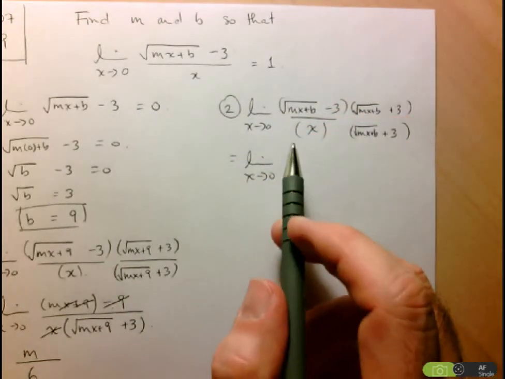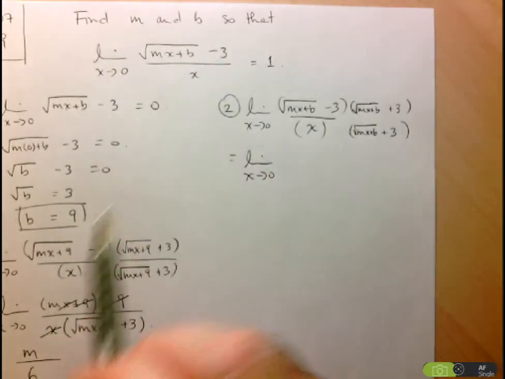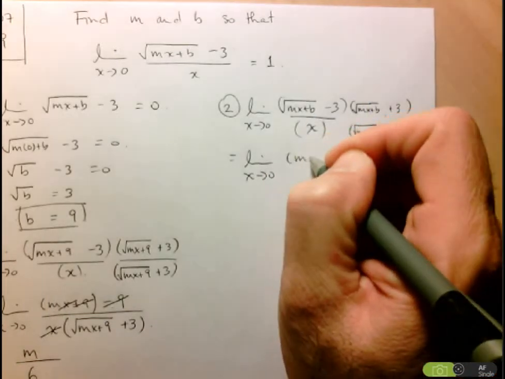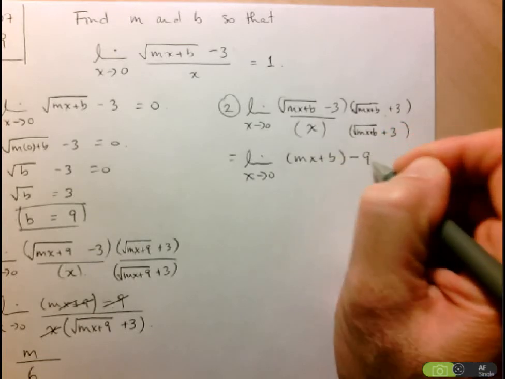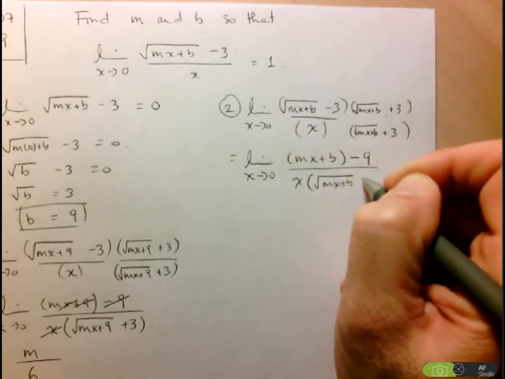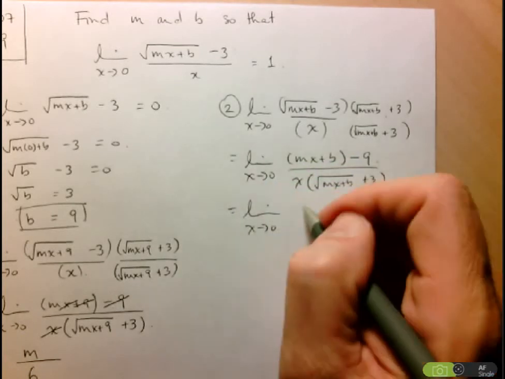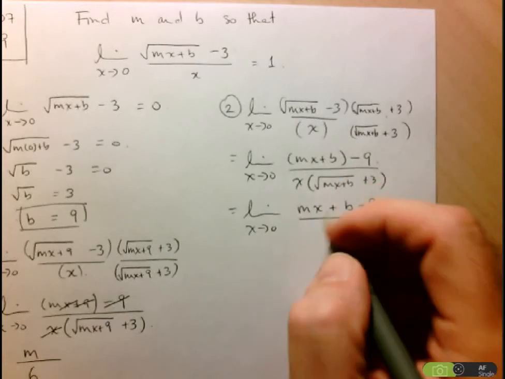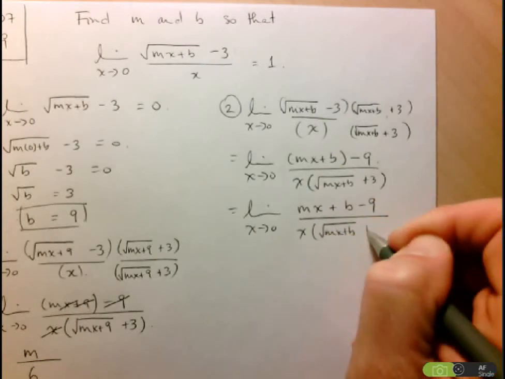So notice what I'm doing here is I'm just applying whatever methods I would have had to solve this type of limit. So here, difference of squares, so we have mx plus b, and then here we have minus 9, over x times this conjugate. Let's simplify as much as we can. So here we're left with mx plus b minus 9, over x times root of mx plus b, plus 3.